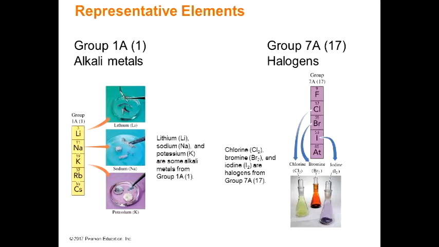Alkali metals. Then we have the alkali earth metals next to them. We have the halogens. When alkali metals combine with halogens, they form salts. Sodium chloride is the example.